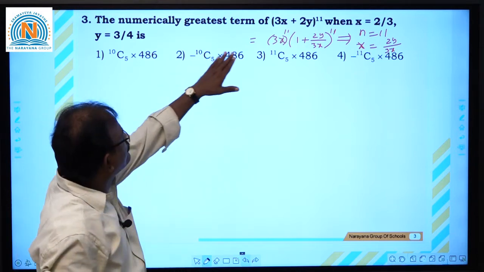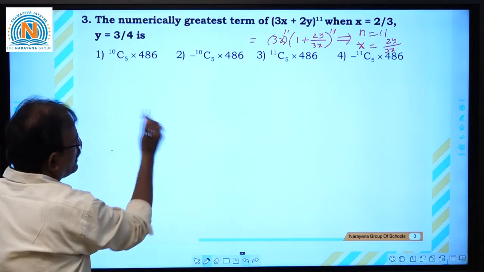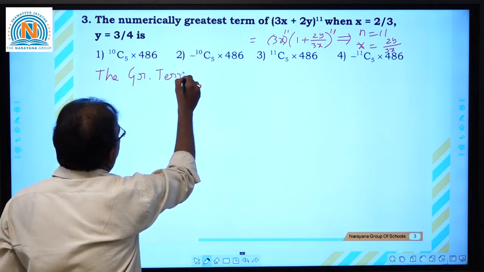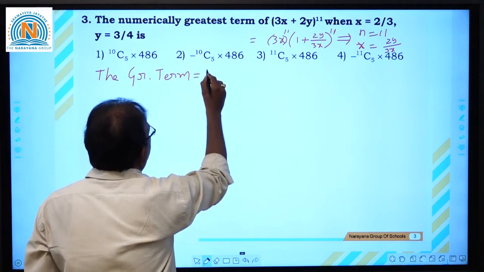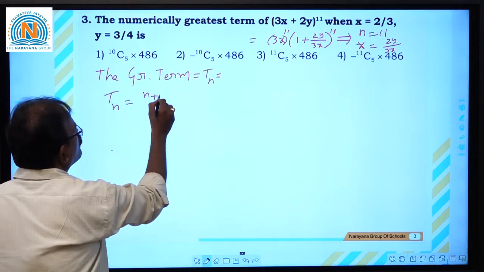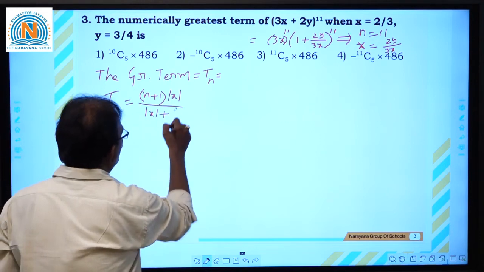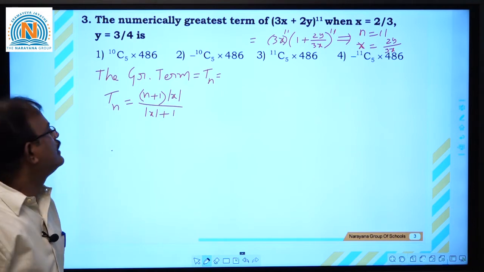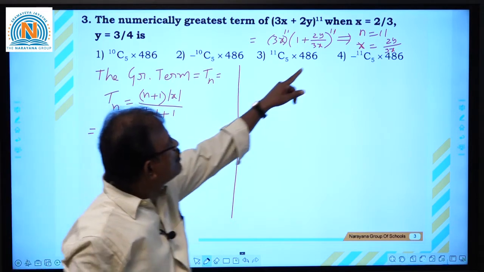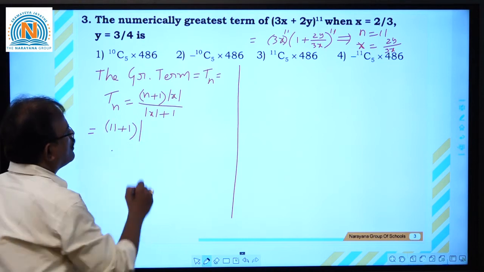Now see what the numerically greatest term is. According to the previous question, the numerically greatest term is Tn, the (n plus 1) mod x by (mod x plus 1)th term. So substitute n is equal to 11, so 11 plus 1 into, what is x?